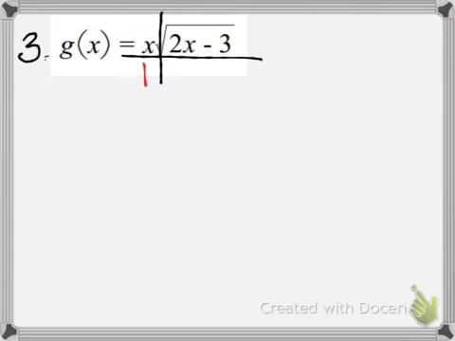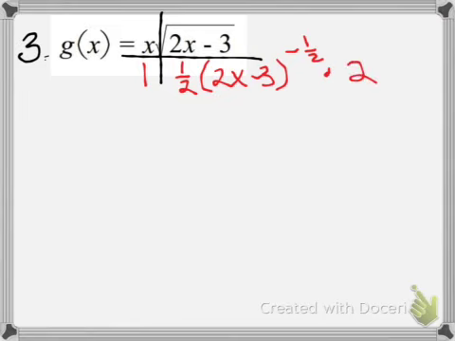Next, I'm looking at the square root of 2x minus 3, and I want to take the derivative of that. The derivative of that would be 1/2 times 2x minus 3 to the negative 1/2 power. But that's just taking the derivative of the outside function. Now I have to take a derivative of the inside function. And the derivative of 2x minus 3 is 2.